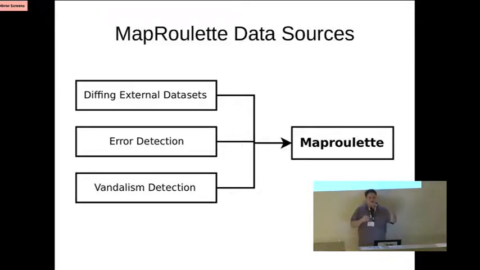So if something looks wrong, like let's say two ways that are on top of each other that are not connected, that are at the same level, or the connectivity error, or roads that have too steep an angle, etc. Those are generally error type anomalies. And we're also looking toward vandalism detection, and I think that was discussed earlier in the day. Ways that we can look for things that suddenly changed in a way that's not normally how things change, and that kind of thing would be a really good match for MapRoulette. So you can feed any of those data sources through our API, which is totally neutral to MapRoulette.